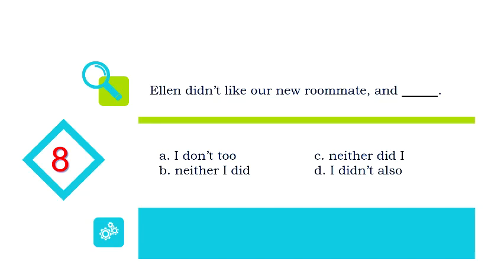The correct answer here is letter C. And take note of a negative agreement. So Ellen didn't like our new roommate, and therefore it must be followed by a negative agreement as well. So which among the options here state a negative agreement?